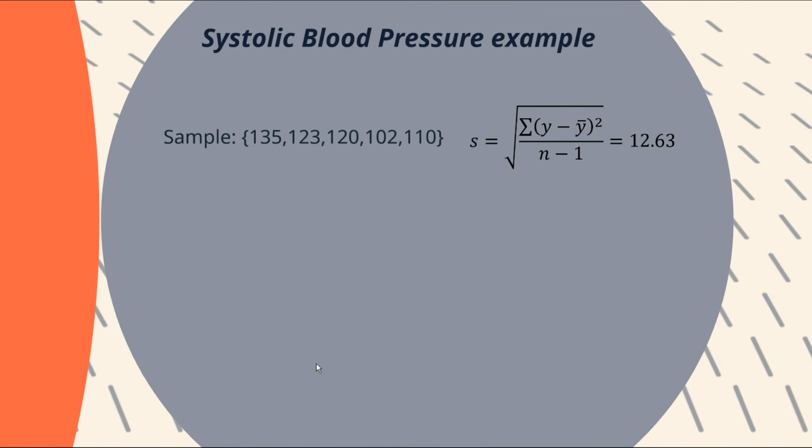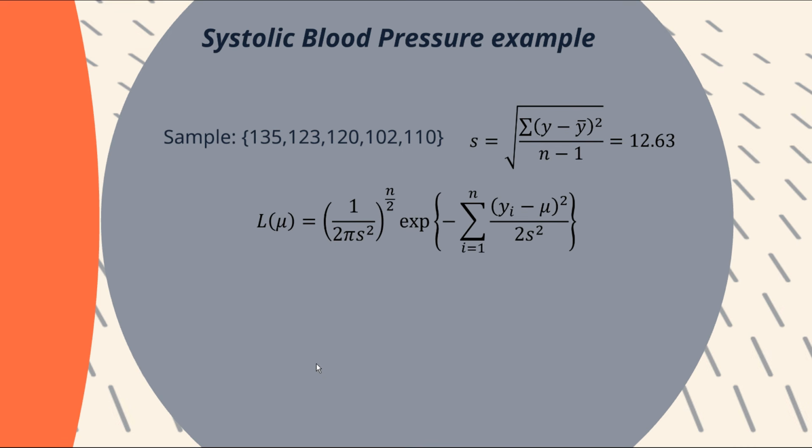Well, there's our sample again. If we wanted to create our sample standard deviation, we could use that formula that we're quite used to, and it's 12.63. And we could sub that actual value 12.63 into the function here for s.